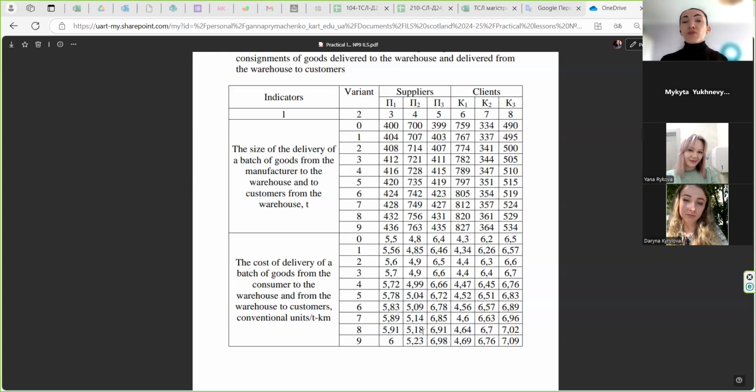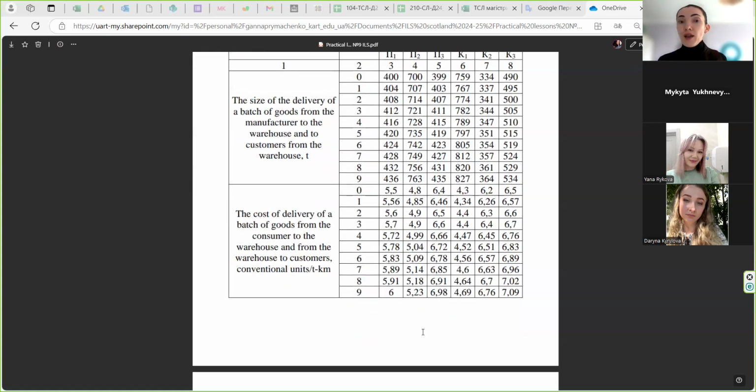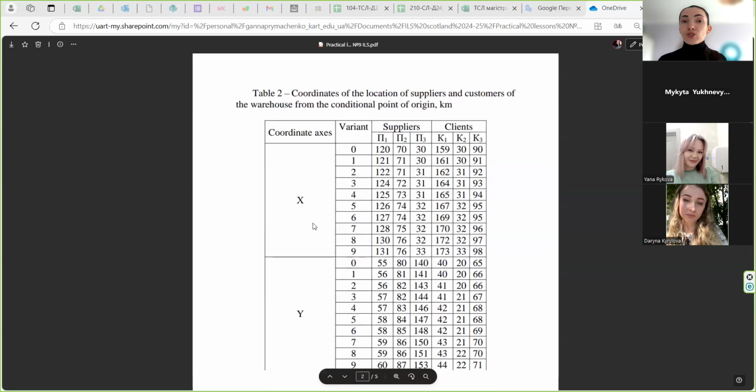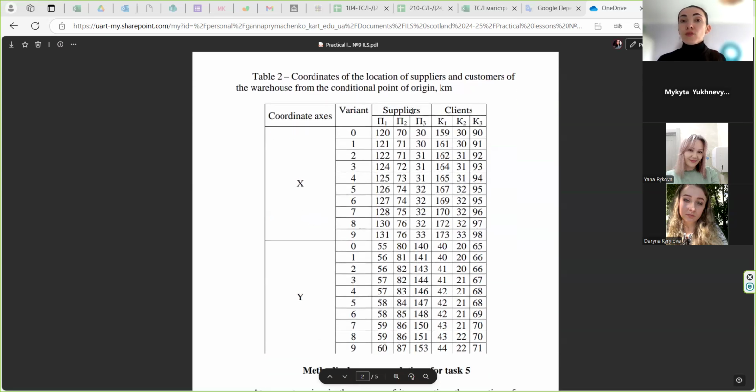Please find this information. Our second parameter is the coordinate along axis X. I show it now. For our supplier number 2, for variant zero, it is 70. For the first variant, it is 71 kilometers. For the second variant, also 71 kilometers.